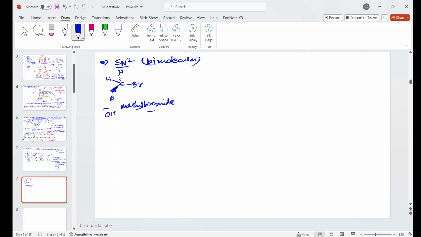Then one nucleophile is there, and it will attack from the back side as the leaving group leaves. There is no intermediate, so there is one transition state, which looks much like this. You cannot isolate a transition state or get experimental evidence of it, but you can visualize it.